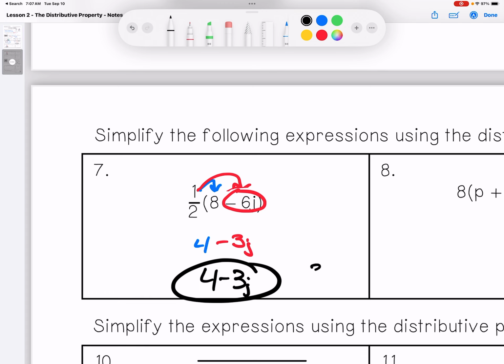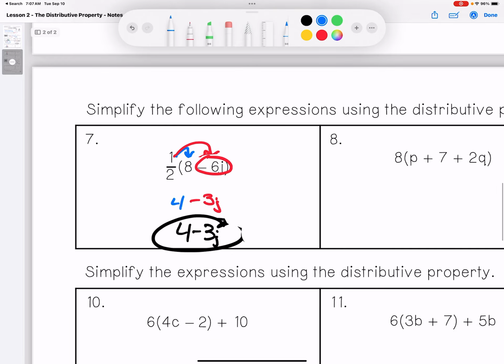Now, if you wrote it as negative 3j plus 4, you'd have to put the negative up here. Those are the same thing, okay? See how it's a negative 3j and a positive 4? They're the same thing. I'm okay with you writing it either way, though. There you go. Just wanted to show you that.